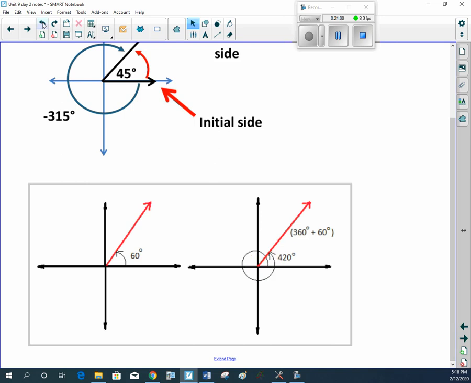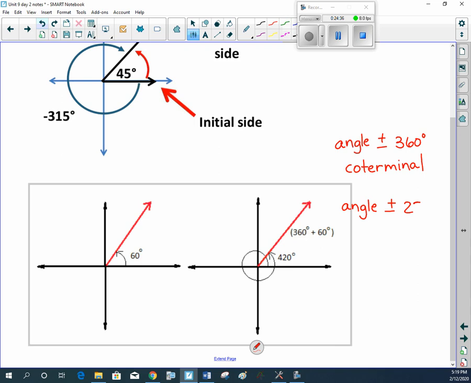So basically, like I said, you can take whatever your angle is and add or subtract 360 as many times as you want to get coterminal angles. And you can do the same thing if it's in radians. You can take your angle and add or subtract, instead of 360, 2 pi to get coterminal angles.